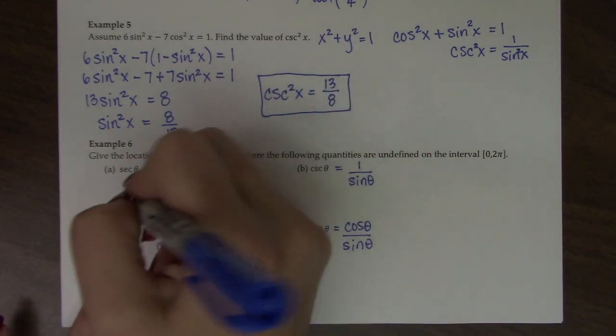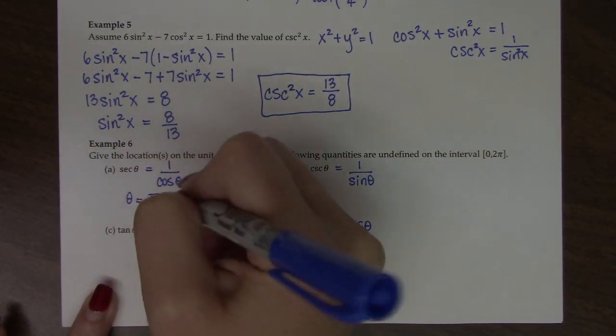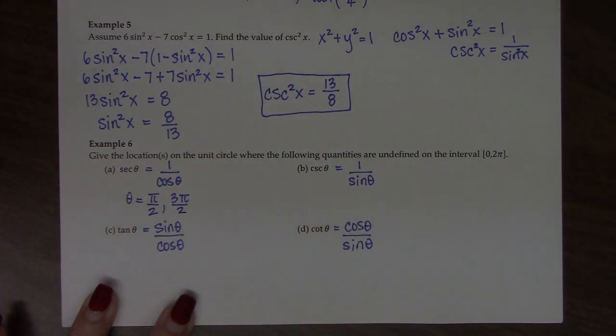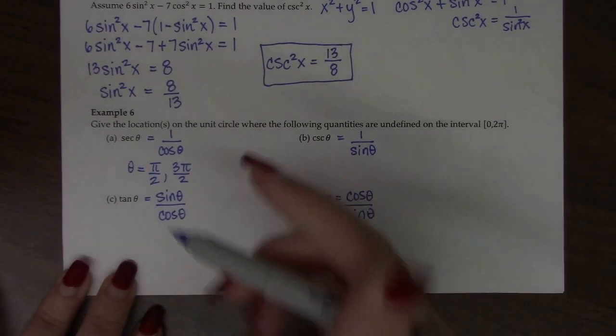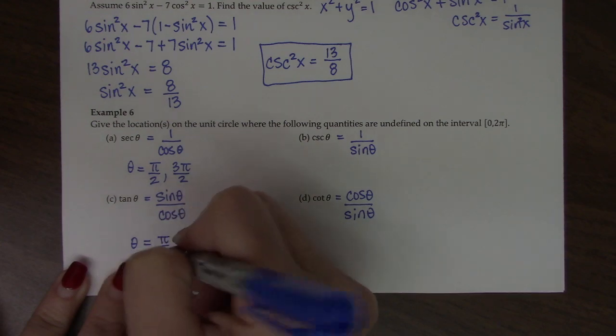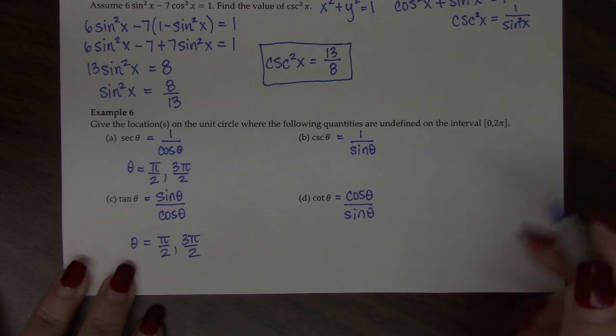So that means wherever theta is pi over 2 or 3 pi over 2, secant is undefined. Tangent, if we look down here, also has a denominator of cosine, so it's also undefined at pi over 2 or 3 pi over 2.